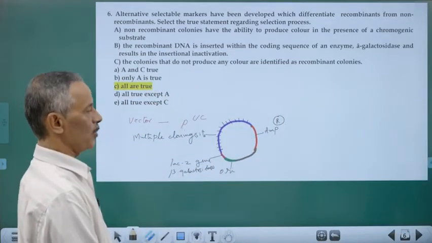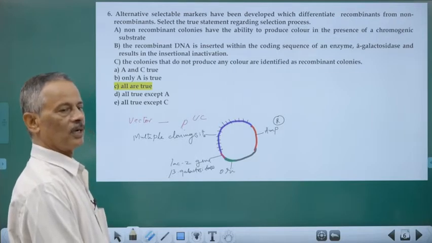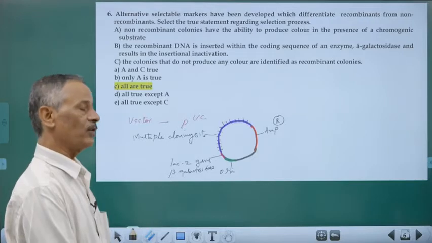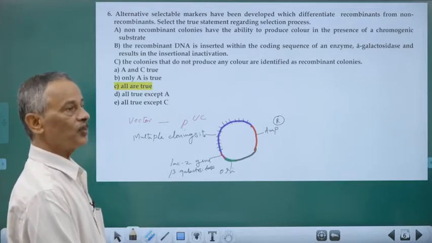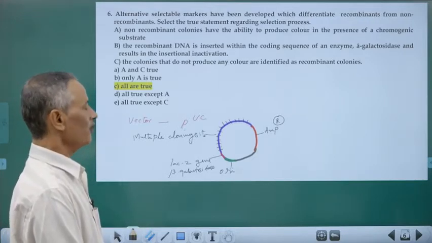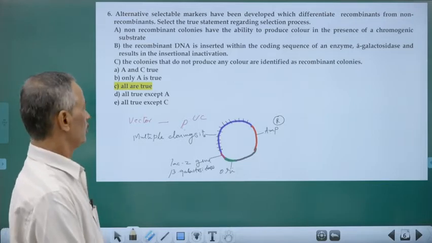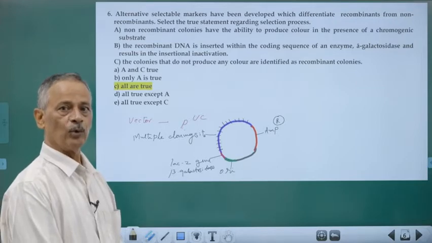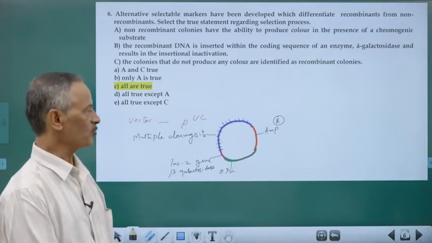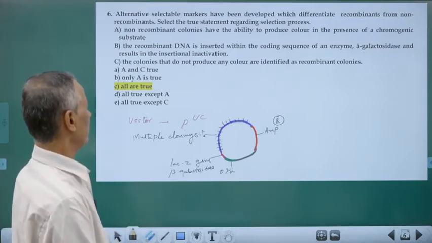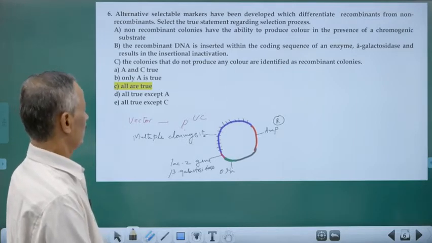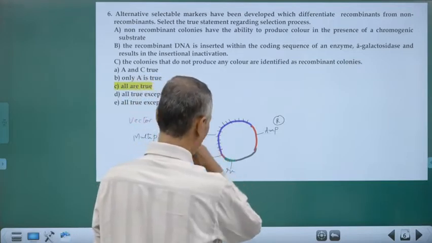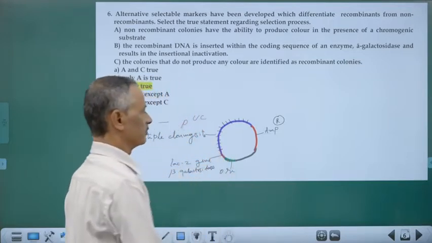Alternative selectable markers with chromogenic substrate. This is what is given in our book. Here, in this method, we are using a new generation of plasmids called pUC, developed at the University of California. It is an artificially prepared hybrid vector, and it has its own ori and a lacZ gene.